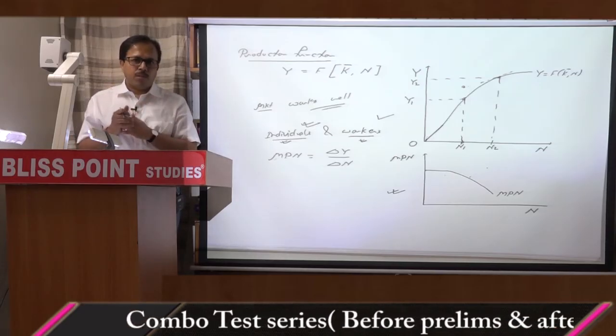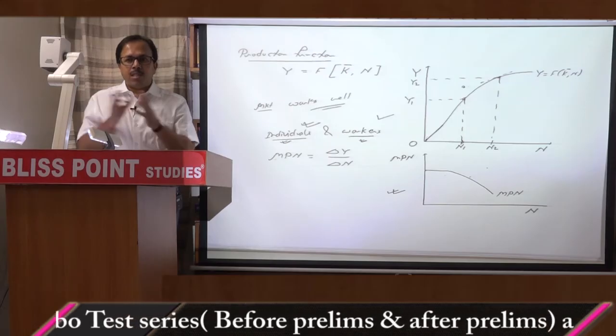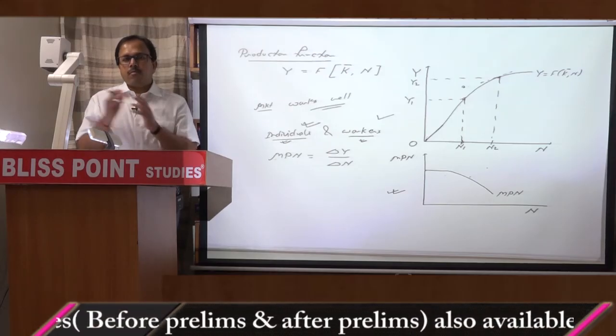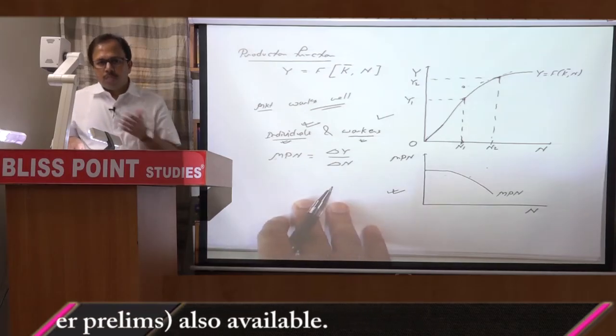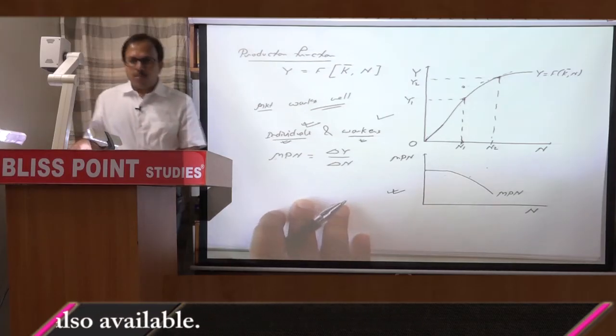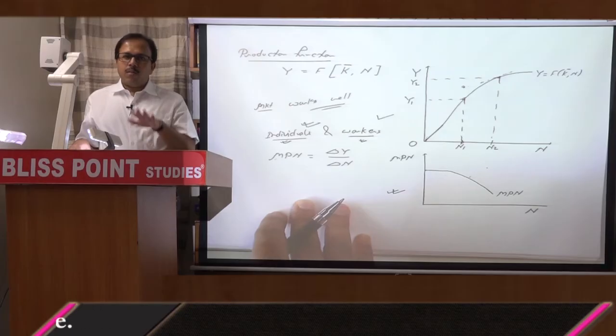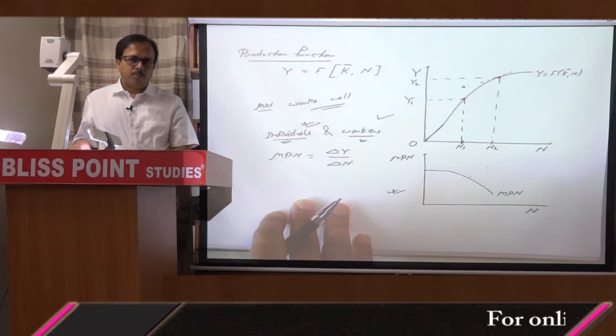Keynes will not accept that wages are flexible. Friedman will say that information is not perfect. So subsequently we will be challenging those assumptions, but right now we are assuming that those assumptions hold. So based upon those assumptions, how can we explain the model.